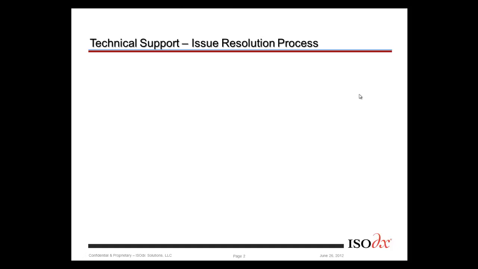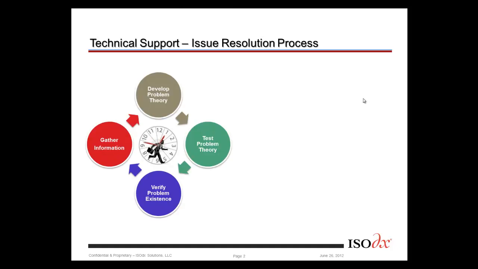While your specific issue resolution process may look a bit different from this, at the highest level, this issue resolution process looks something along the lines of this. First, when a customer calls in and requests technology support, of course we confirm that they are entitled to support, but the first thing that we do is begin to try to understand what's the problem and actually does a problem exist.